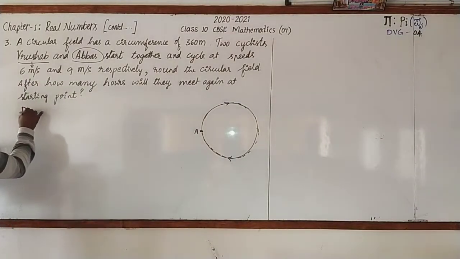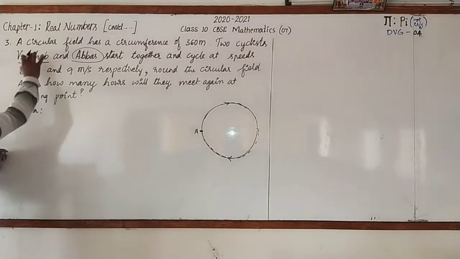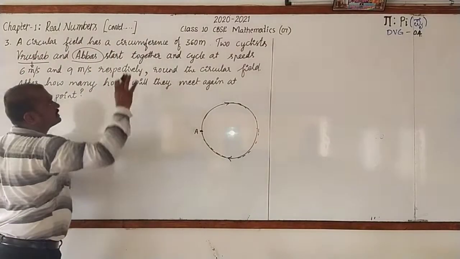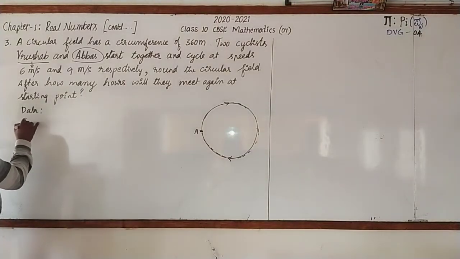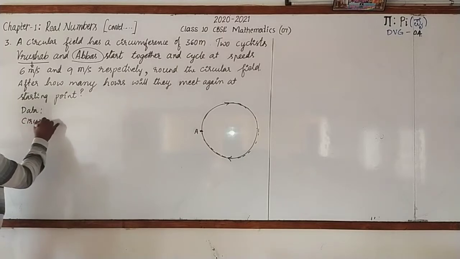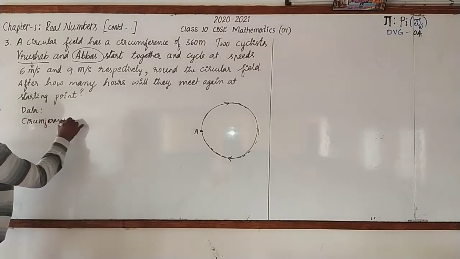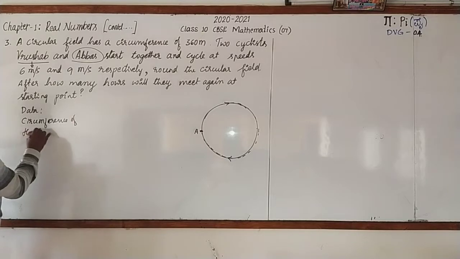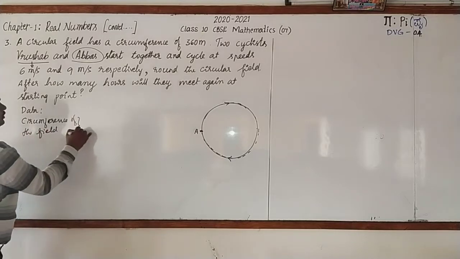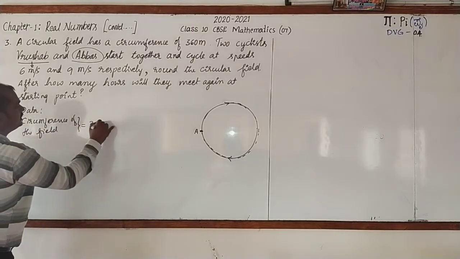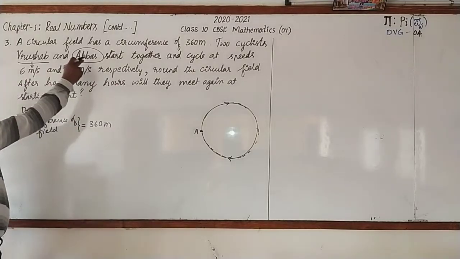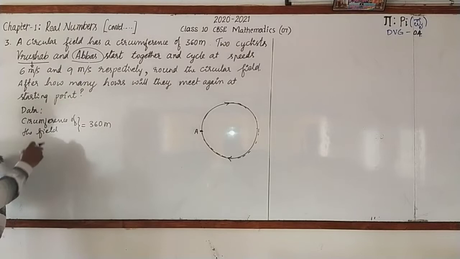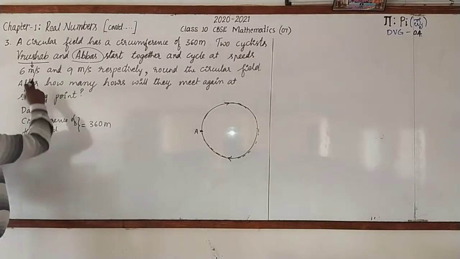Before that, just let me write the data. A circular field has circumference 360 meter. So we can write circumference of the field, or perimeter, that is equal to 360 meter. There are two cyclists, Rushabh and Abbas, both cycling with different speeds.